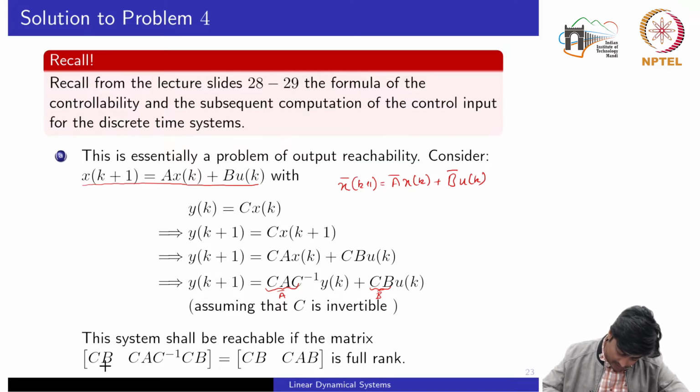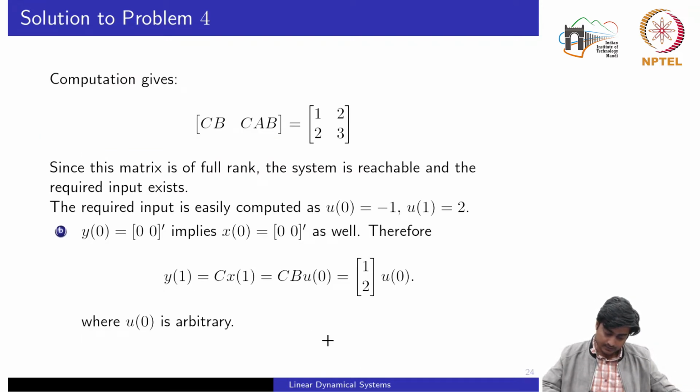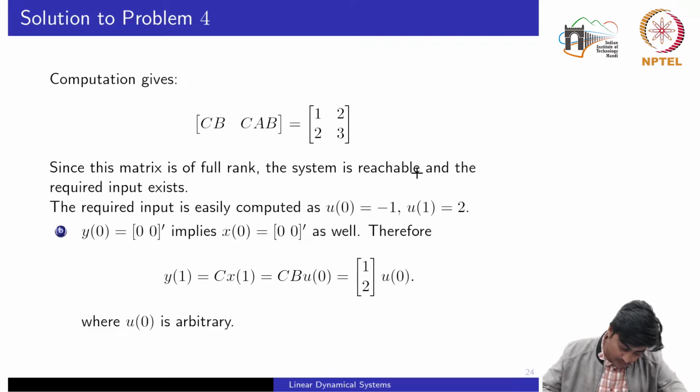A bar is C A C inverse and B bar is C B. So the controllability matrix, to test whether my output is reachable or not, would become C B and C A B. So I need to check the rank. Computing the rank, we noted that it is a full rank matrix, meaning the system is reachable and the required input exists.